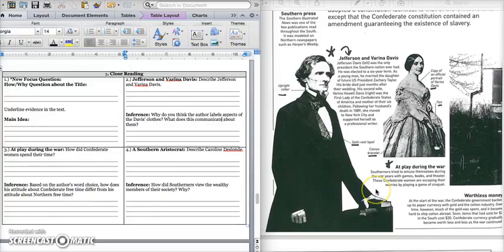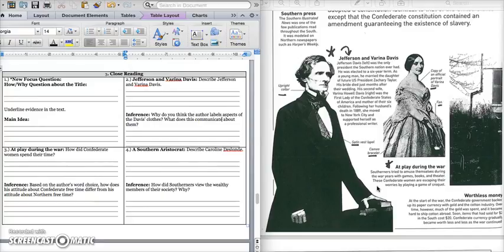And I really want you to focus on this last sentence that says, these Confederate women are escaping their worries by playing a game of croquet. So the author implies that they are worried. They're probably worried about their husbands. They're probably worried about what will happen if they lose the war.